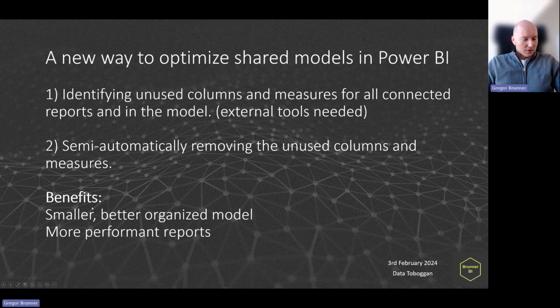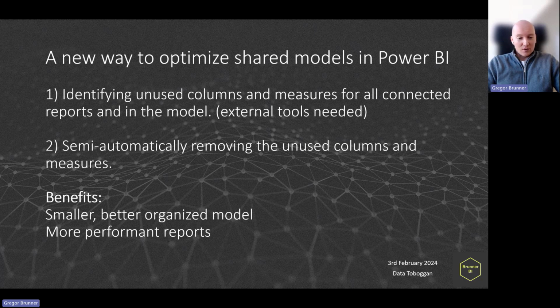What are the benefits of this? We have a smaller and better organized model. So the size of the model can be greatly reduced. I've done this many times, and I've also seen this for a lot of people using the Measure Killer, for example, that some people have 80–90% of the size of the model not used anywhere and nobody knew.